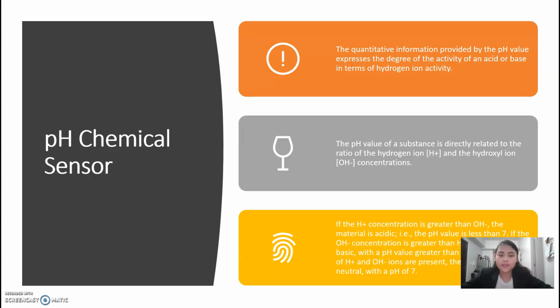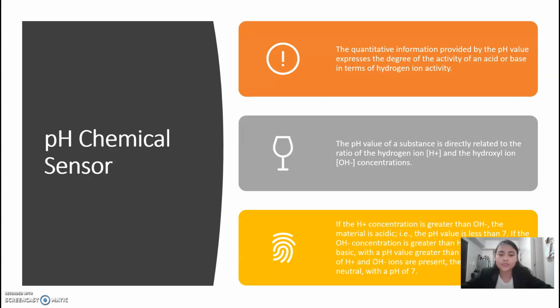The pH value of a substance is directly related to the ratio of the hydrogen ion H+ and the hydroxyl ion OH- concentrations. If the H+ concentration is greater than OH-, the material is acidic. The pH value is less than 7.